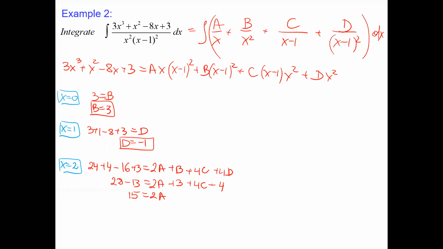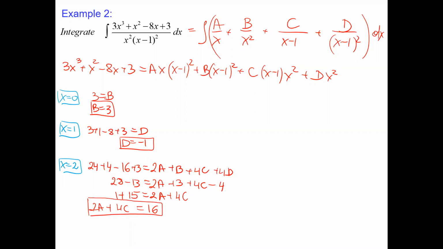We can add 1 to both sides. We got 2a plus 4c equals 16. I know I can probably divide by 2, but I will keep it for a second.